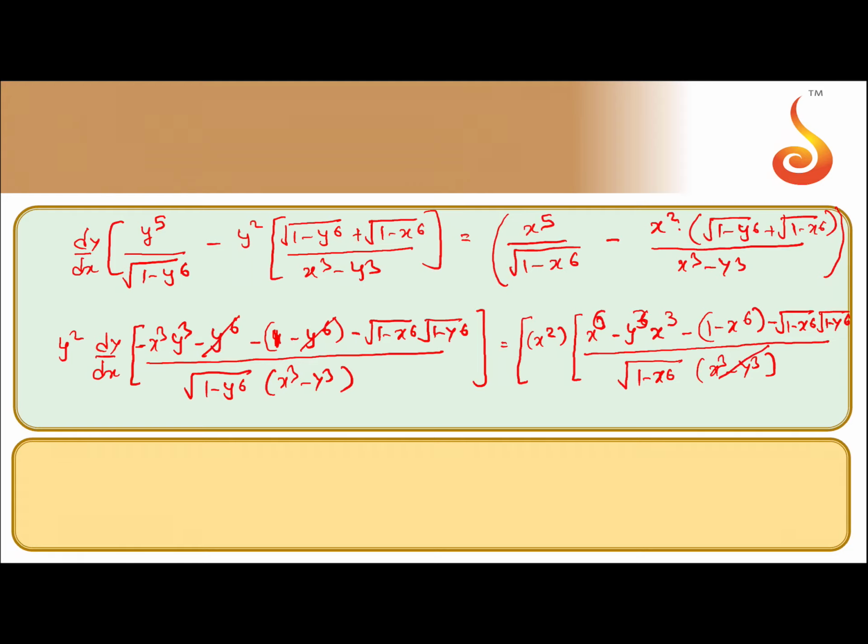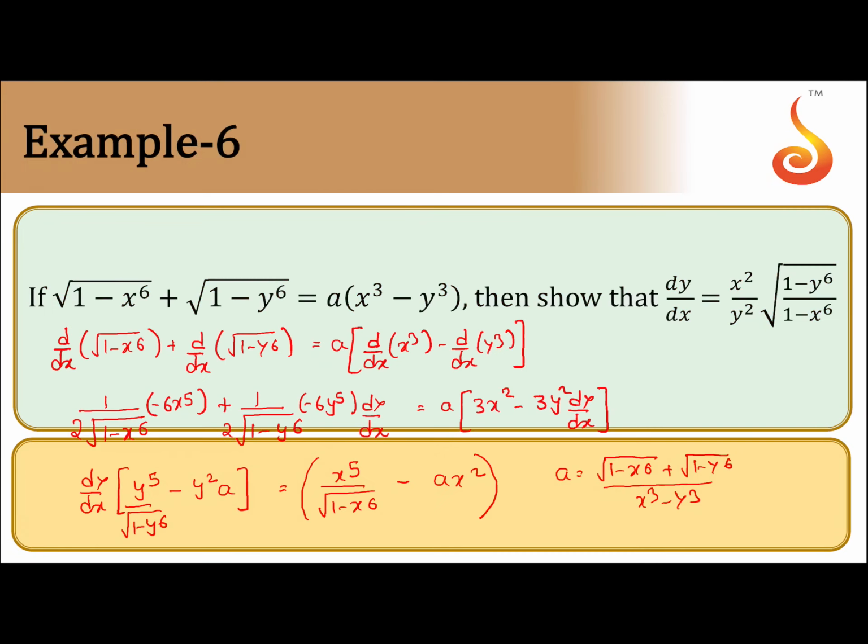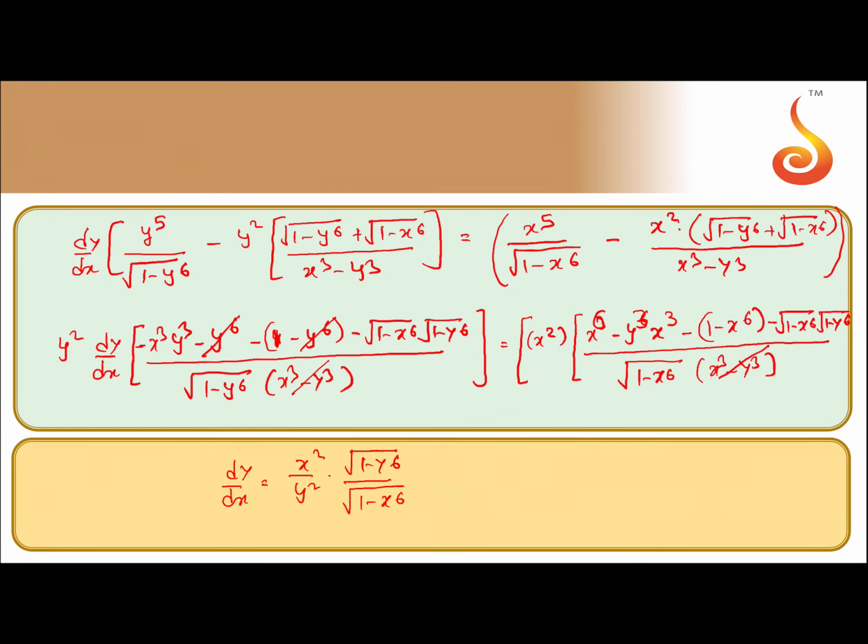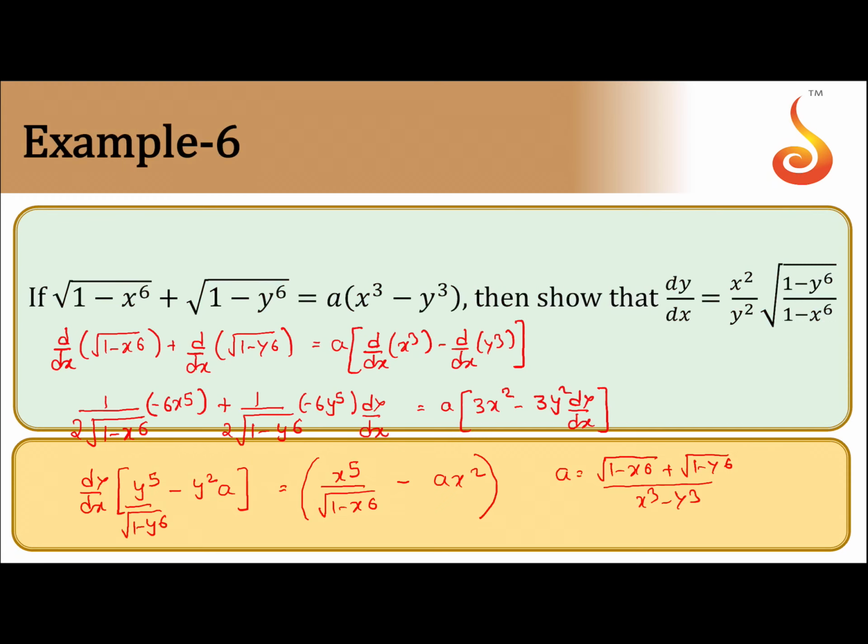Okay, so the denominator quantities will cancel, and we get the final result as dy by dx is equal to x square by y square into under root of 1 minus y to the power 6 by under root of 1 minus x to the power 6. That is what we have to prove. Simple, you have to take the LCM properly. If you take the LCM properly, you'll get the required result.